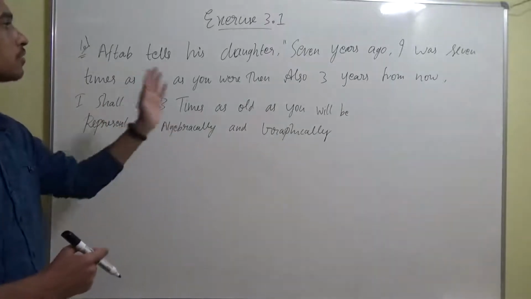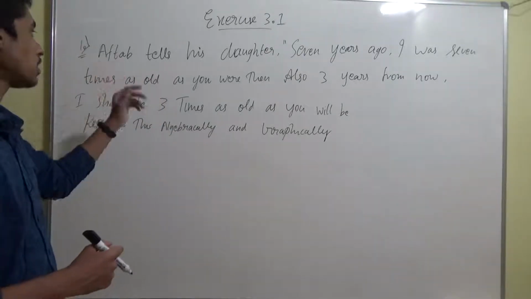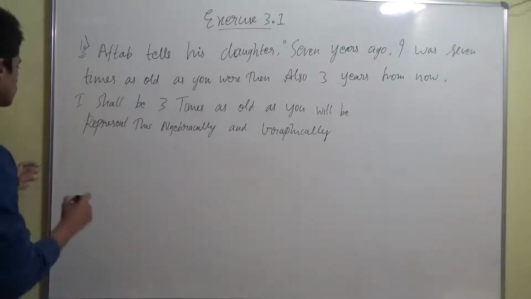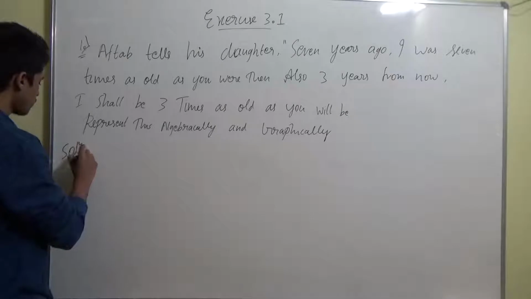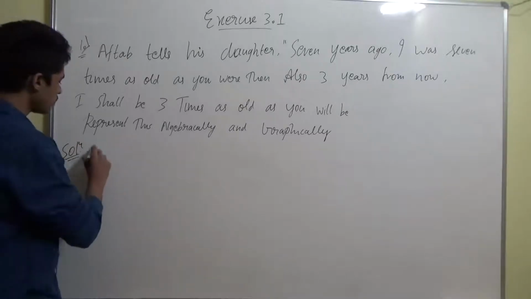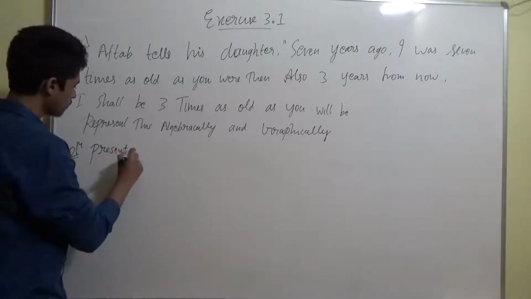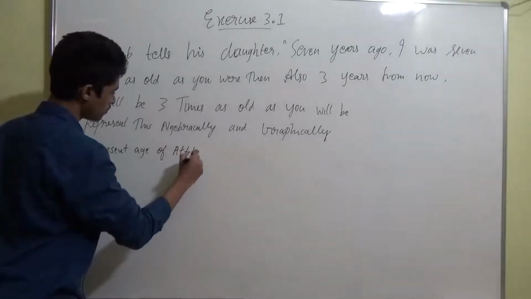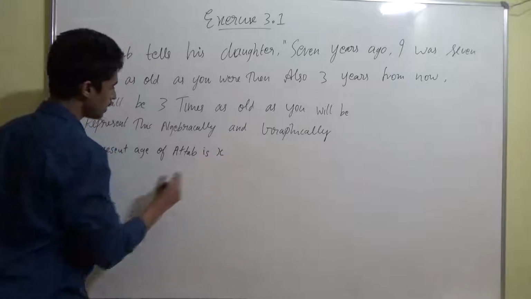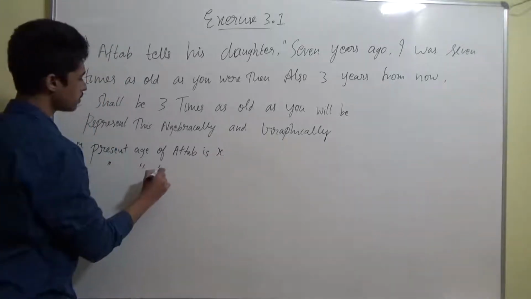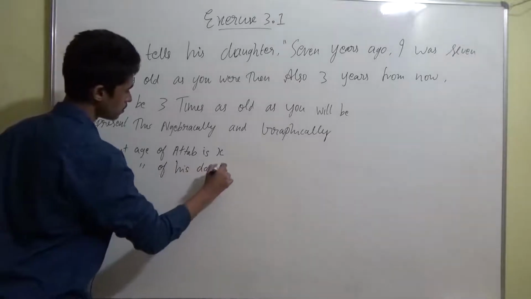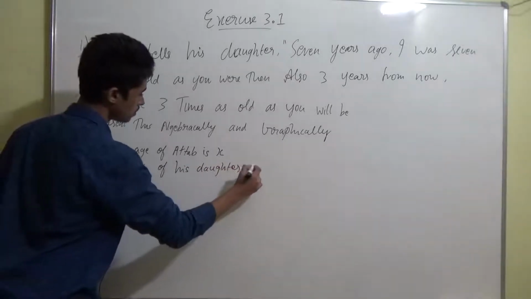Let's assume that Aftab's age is x. Right now Aftab's age is x. Solution. So the present age of Aftab is x and the present age of his daughter is y.